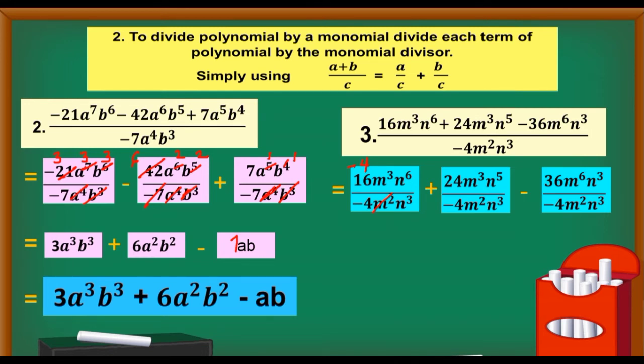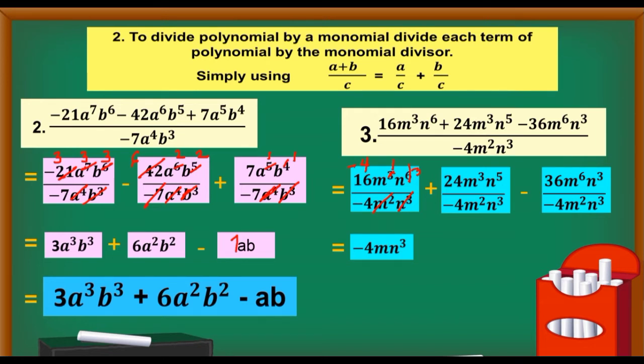Ang matitira lang po natin dito sa numerator ay 1. Then, yung n raised to 6, n cubed. Matatanggal na rin po yung nasa denominator kasi 6 minus 3 ay 3. So, ang matitira na lang po dito sa numerator ay 3. Ayan. Okay? So, magiging negative 4mn cubed.